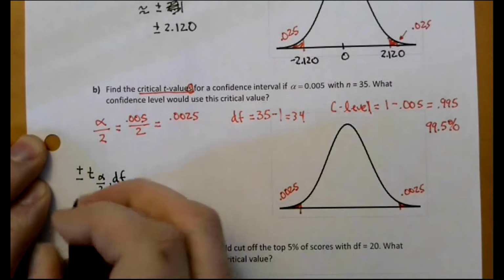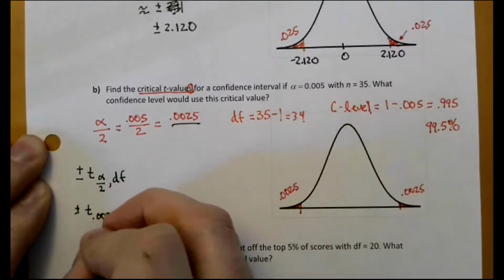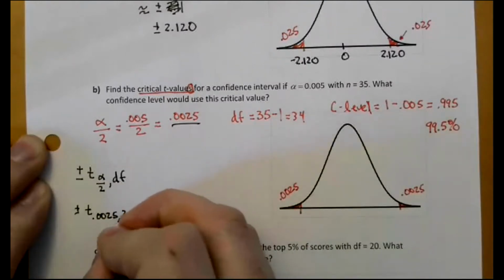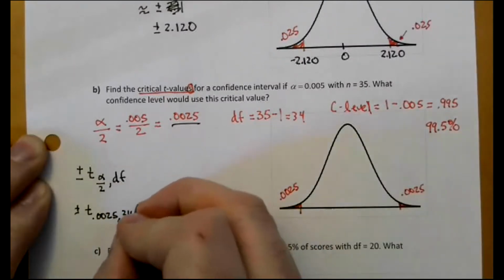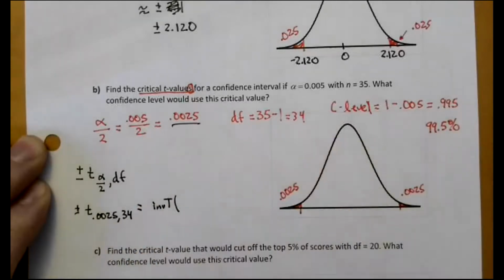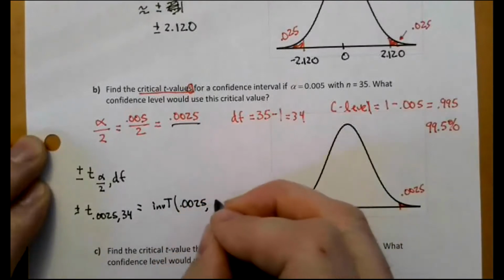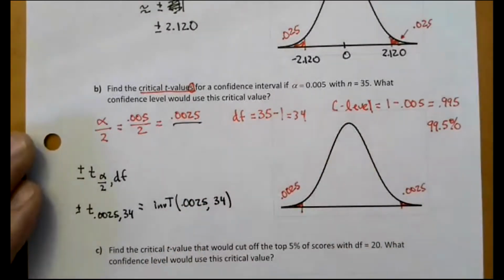So here's the number, 0.0025, comma, 34. And that's going to be equal to the inverse t. That's the calculator function we're going to use with this area and this degrees of freedom.